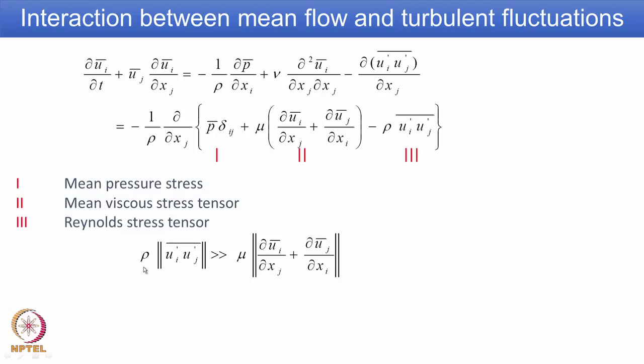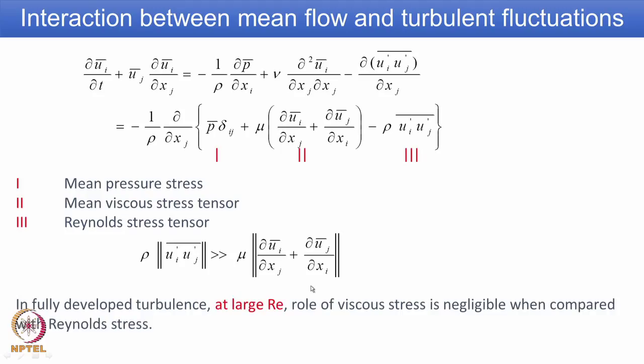If the modulus of the Reynolds stress term, that is rho u_i prime u_j prime bar, is much greater than the laminar stress part, then that actually is the region of turbulent flow. In other words, in fully developed turbulence at large Re, the role of viscous stress is negligible when compared to the role played by Reynolds stress.